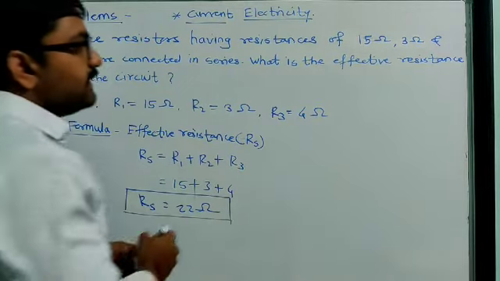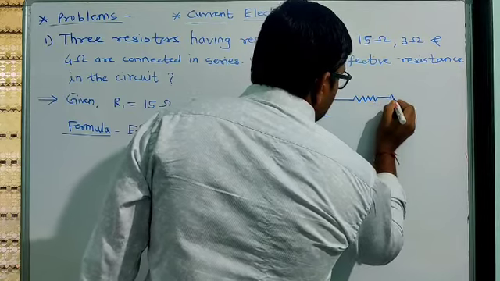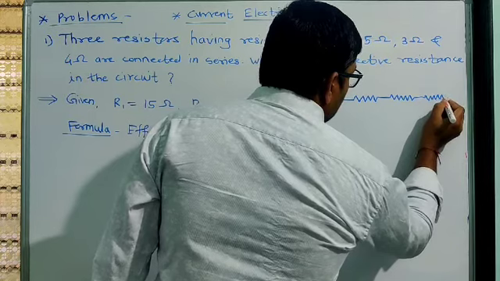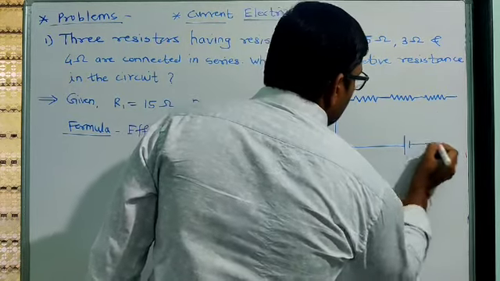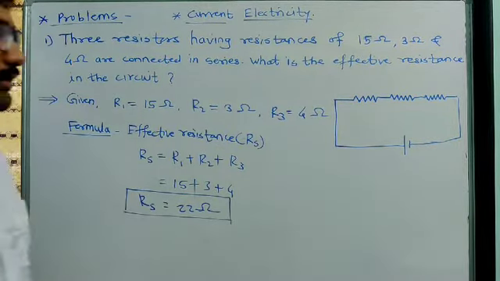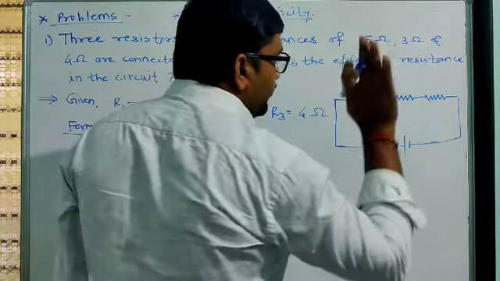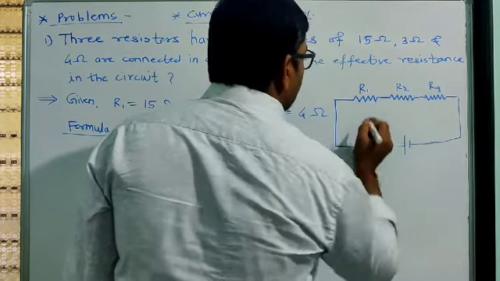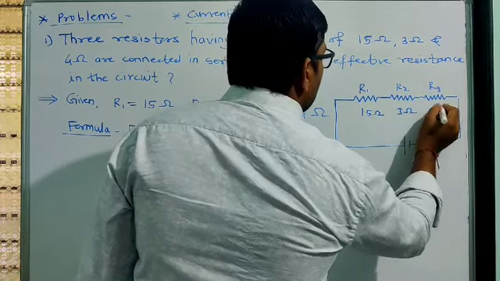Look at the series connection. In a series connection what happens? Three resistors are connected in one line. Suppose these are the three resistors connected in one electrical connection, having 15 ohm, then 3 ohm and then 4 ohm.